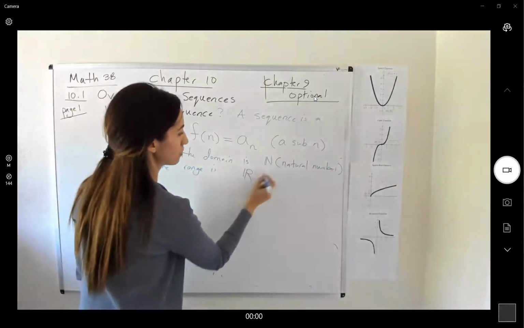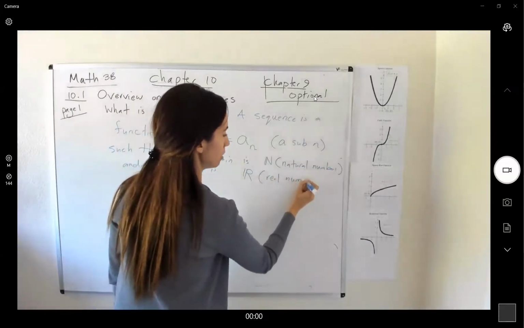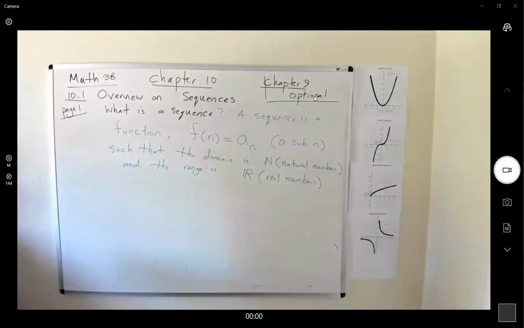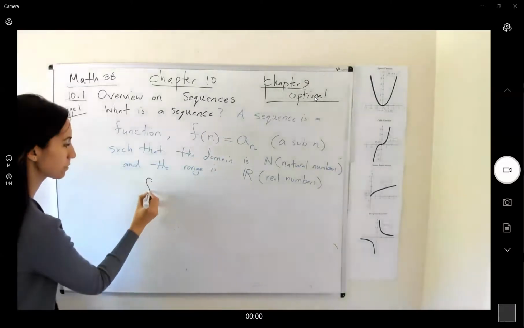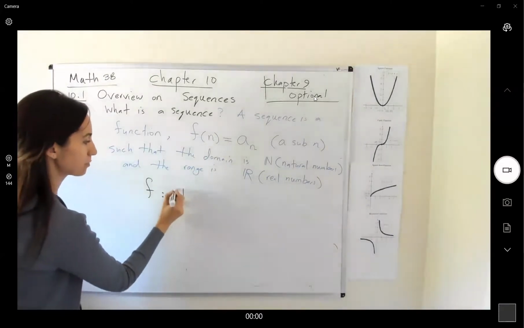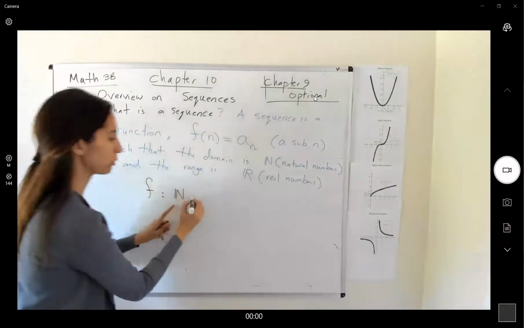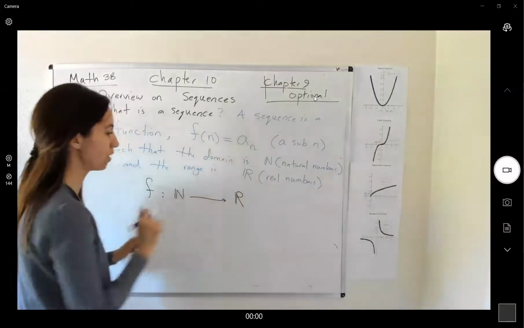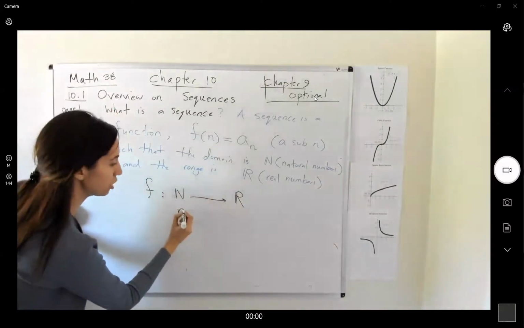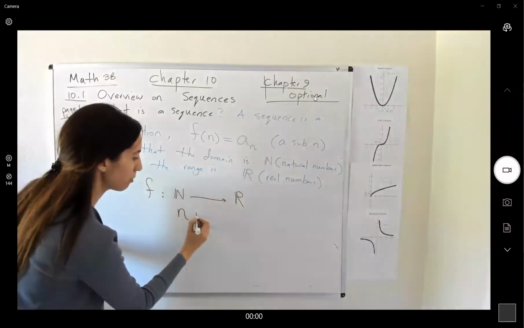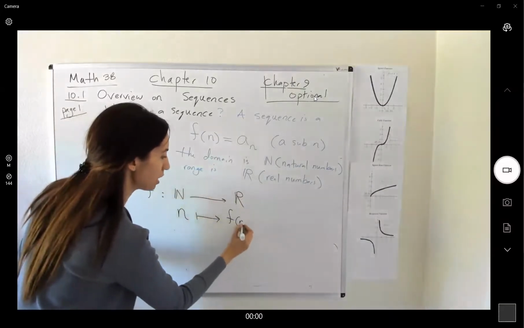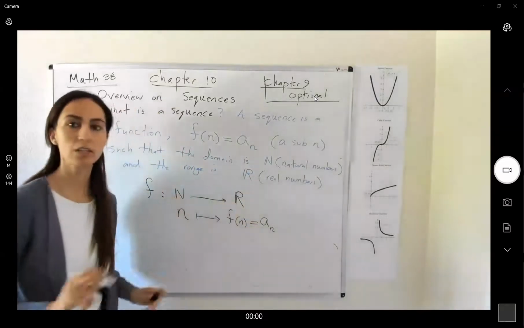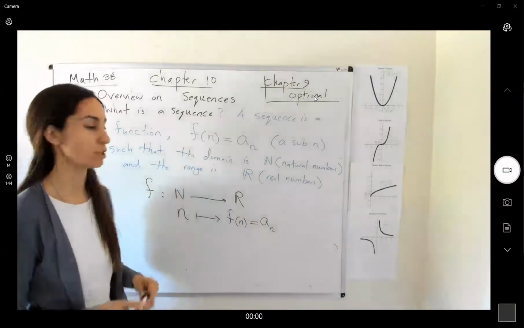So this function takes elements in the natural numbers and maps them to the real numbers. It takes each variable like n and maps it to f of n, which we also denote by a sub n, and we call it the general term of the sequence.